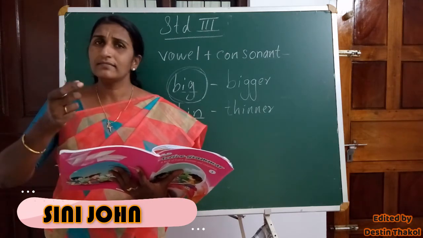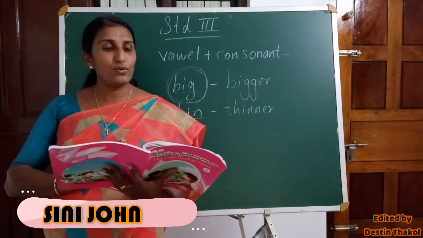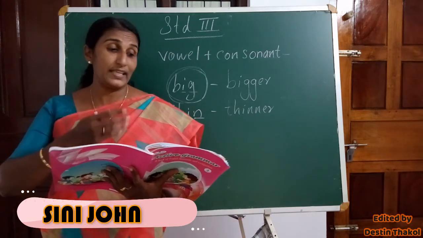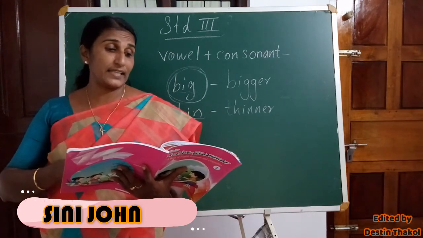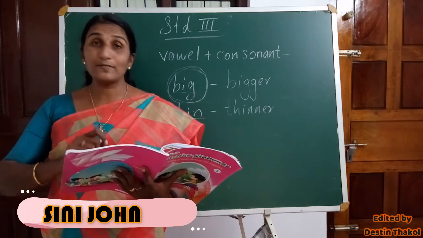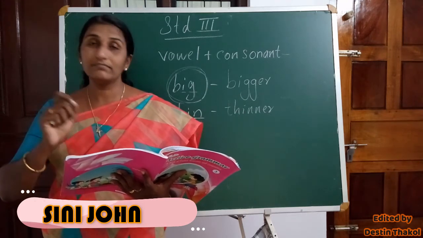This is the second change. Next, now look at these sentences where we compare things. A ladybird is a small insect. A spider is smaller than a ladybird.